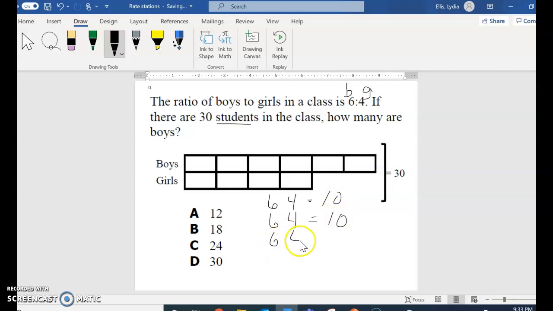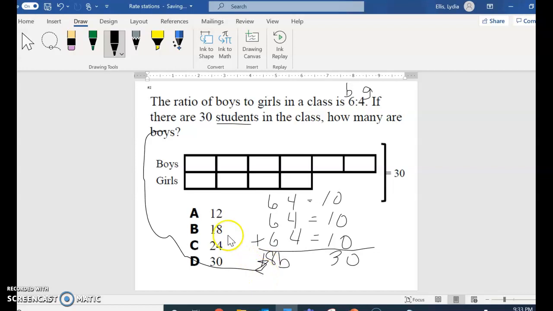So let me add 6 more boys and 4 more girls. 10, 10, 10 is 30. So if I had 30 students in class, that means I had 6, 12, 18 boys. And that's what the question asked. How many boys were there? 18.